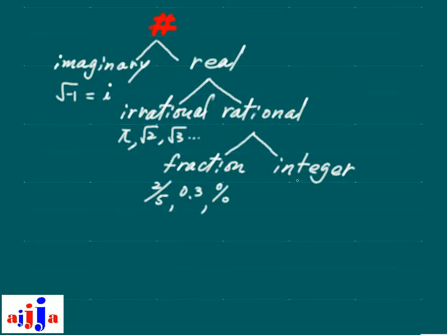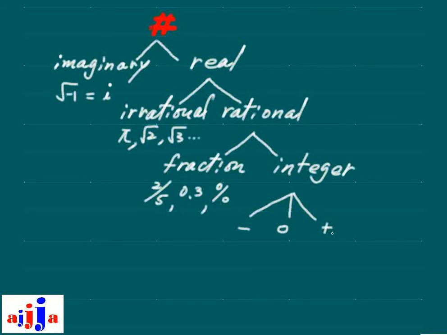So now what about integer? That's a whole thing. So integer, we have 3 different kinds of integer. Just like this, just like this, and just like this. One is negative integer, one is zero integer, the other one is positive integer.